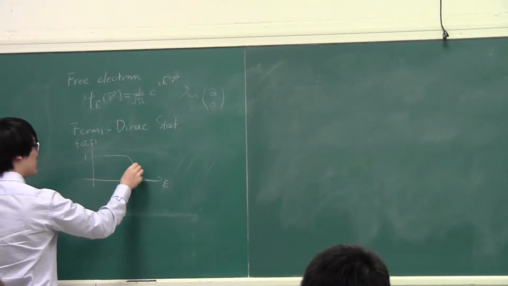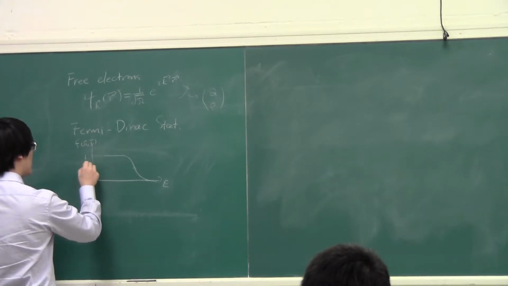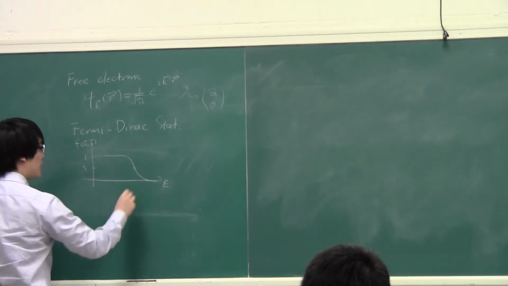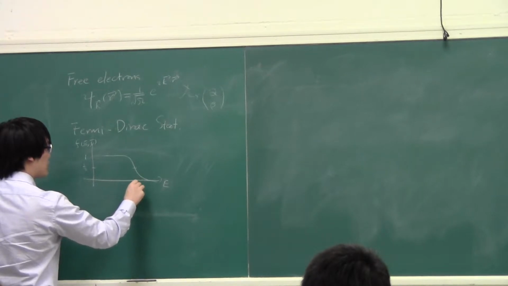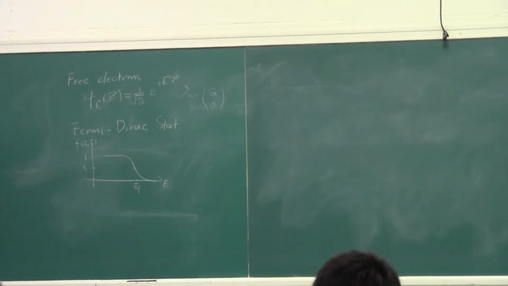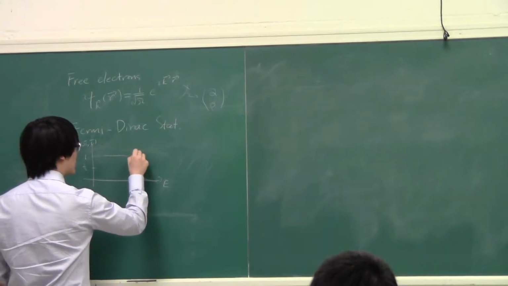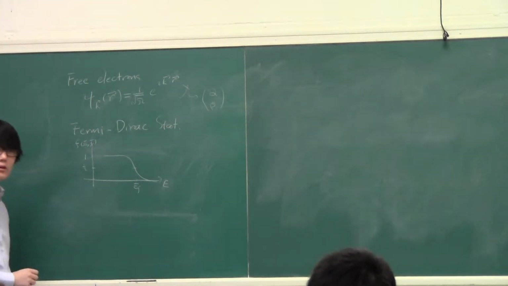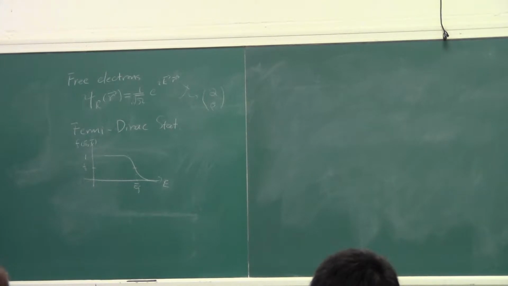And there is a point that we know is going to be at probability 1/2, which we call the Fermi energy. Okay. And when the temperature goes down to 0, this shape approaches a step.